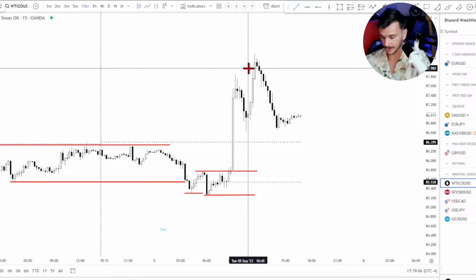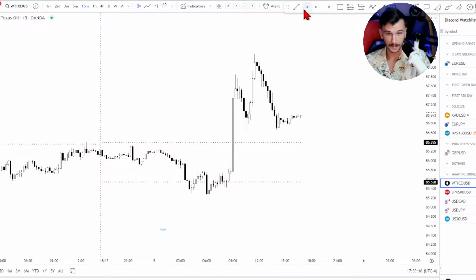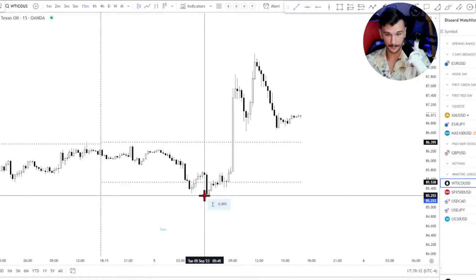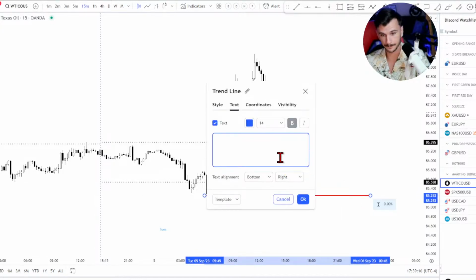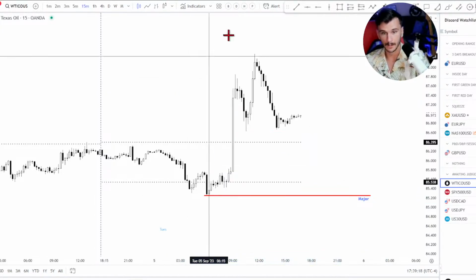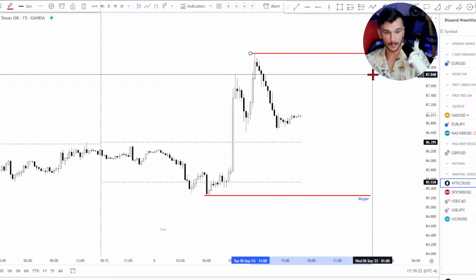First thing that I noticed with this chart is definitely the... first off, I'm going to delete all this. I'm going to throw this up there because this is a major swing level at this point. And now this is a major swing high at this point.